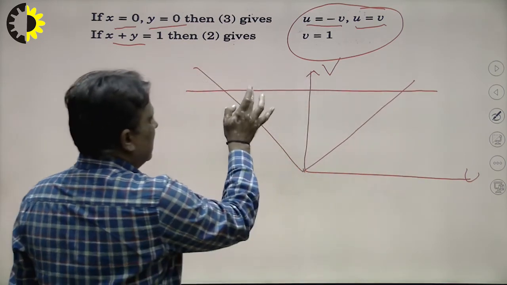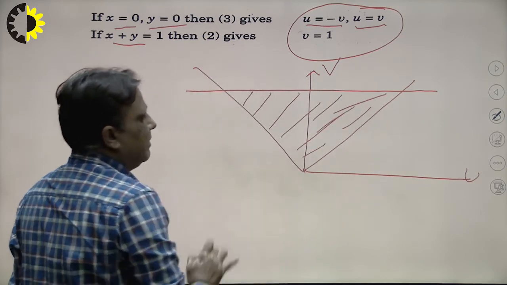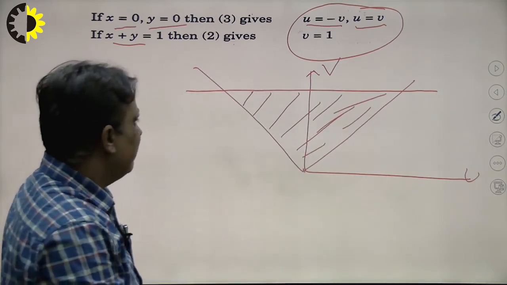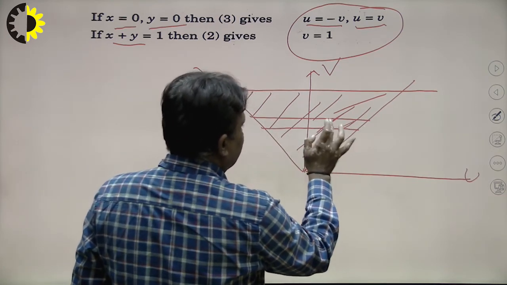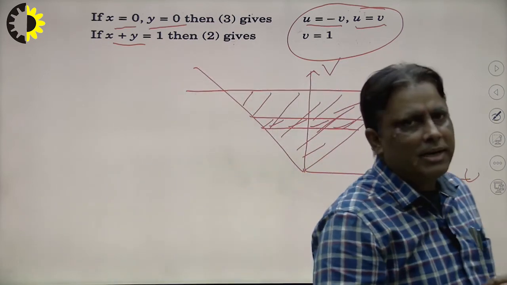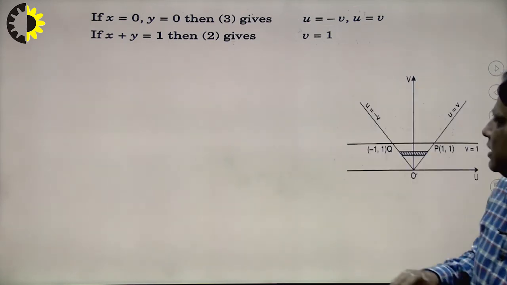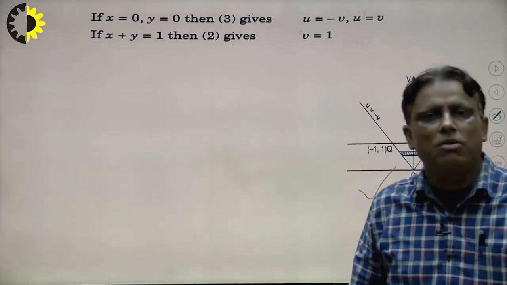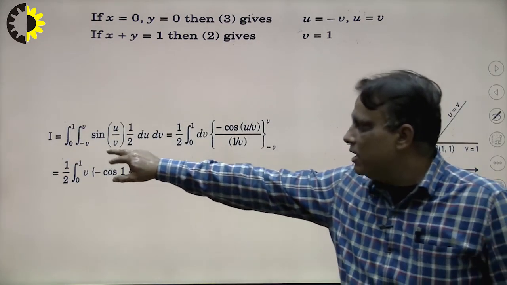So that means this is the region in the UV plane, and to take the limit we consider here, suppose I want to calculate the limit parallel to the u axis. First of all we take the limit of u here with the help of the diagram. So students, keep in mind when we solve the problem, first of all we draw the diagram and take the limit first. This is the diagram I just recalled, and we see the limits here: u goes from minus v to v, and v from 0 to 1, with the factor 1 by 2.